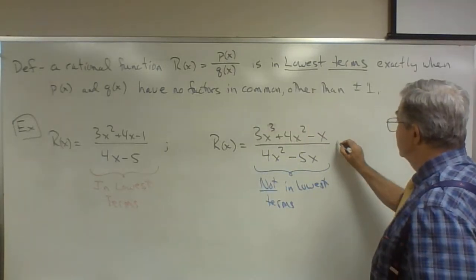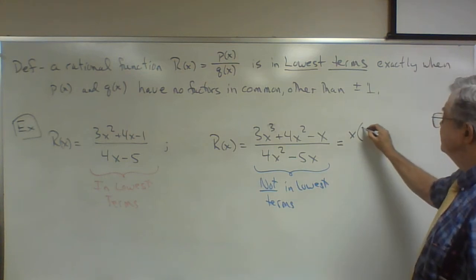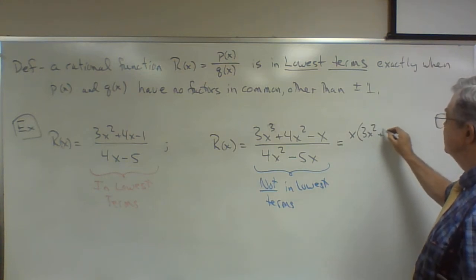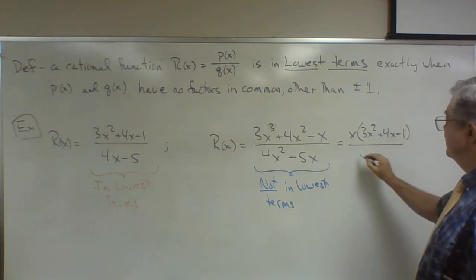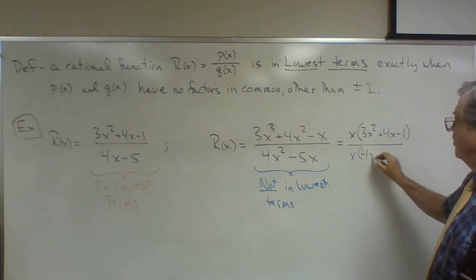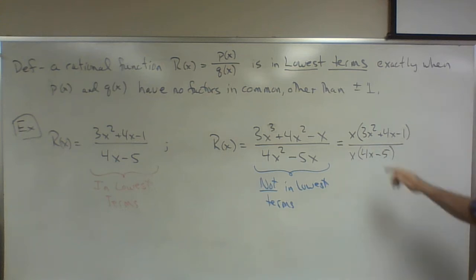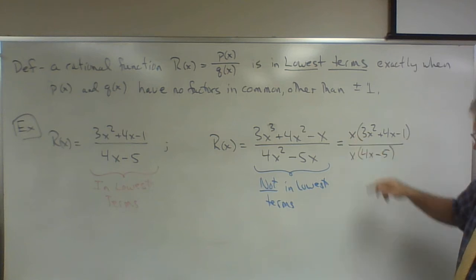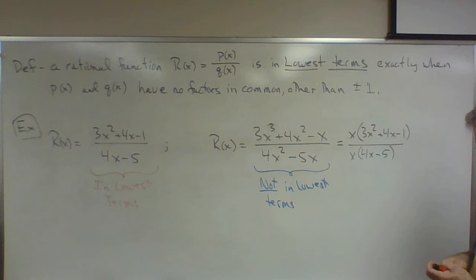And the reason is we can write this: the numerator is x times 3x squared plus 4x minus 1, and we can write the bottom as x times 4x minus 5. Numerator and denominator have a common factor of x.